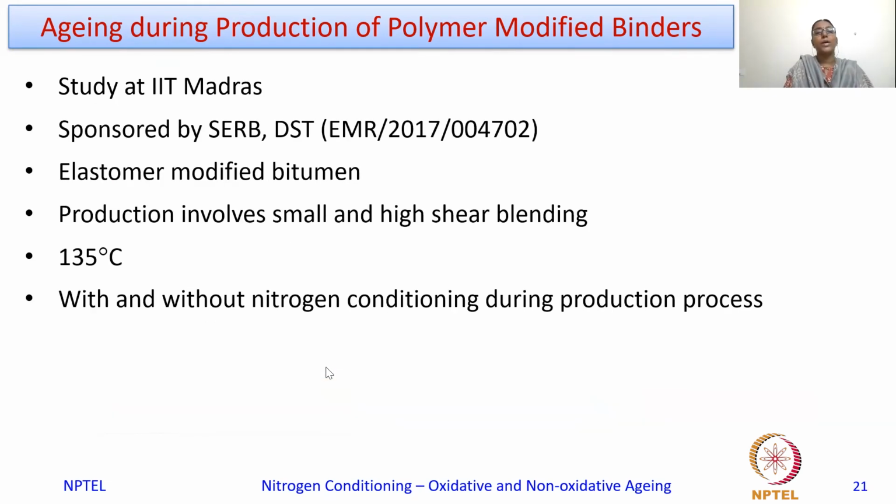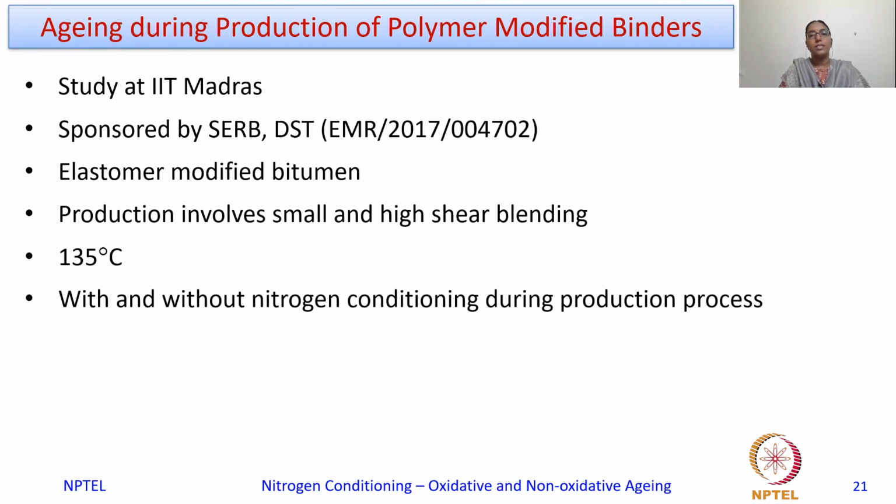In order to understand this aging of polymer modified binder during the production process, we conducted a study at IIT Madras, sponsored by SERB DST, wherein an elastomer, SBS, was used as a modifier, and the production involved a small scale as well as a high shear blending process at 135 degrees Celsius.